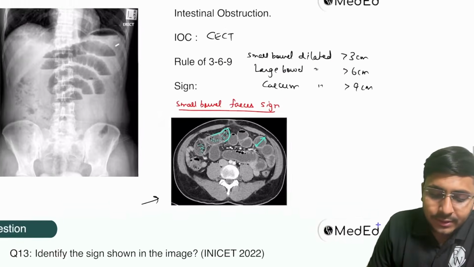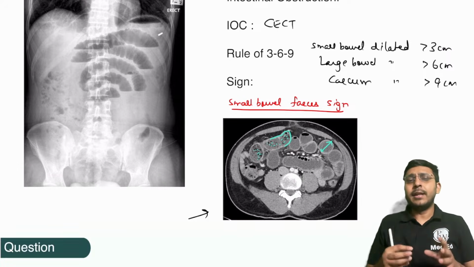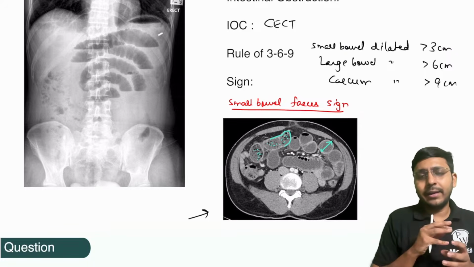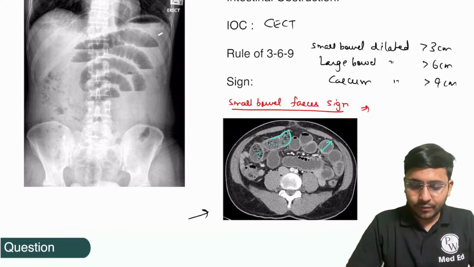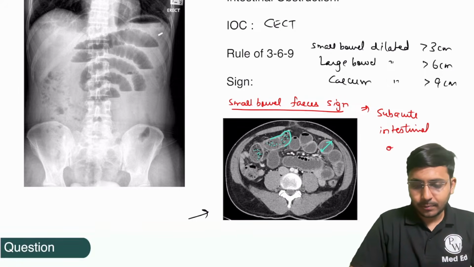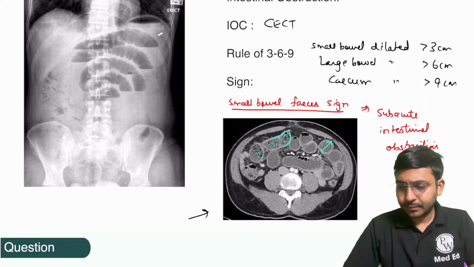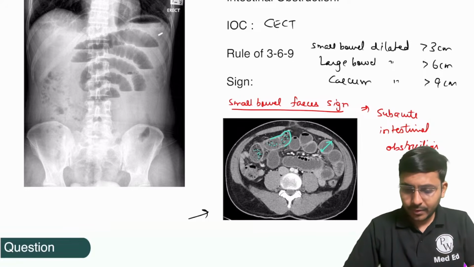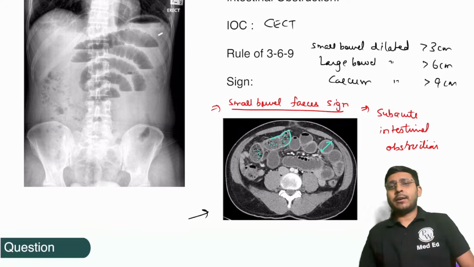And this tells you that the obstruction has been there for quite some time, 2 to 3 days of obstruction, so that the contents in the intestine have now fermented. They are producing air. So this is a sign of subacute intestinal obstruction. Okay, so this is small bowel feces sign, subacute intestinal obstruction.